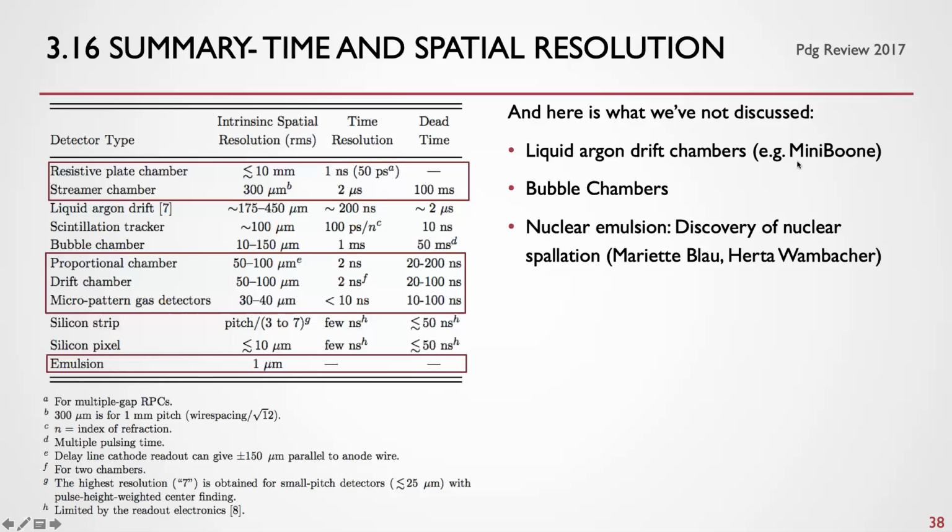They can be used to search for highly energetic neutrinos, for example. And then we have nuclear emulsions, which in fact were used to discover nuclear spallation, but with the high statistics experiments that we're dealing with now, those can no longer be used. And that's it for the gaseous detectors.